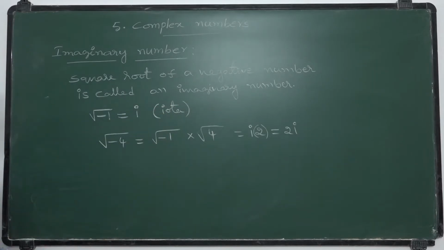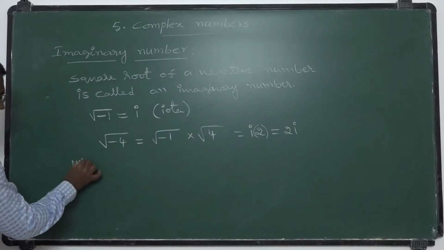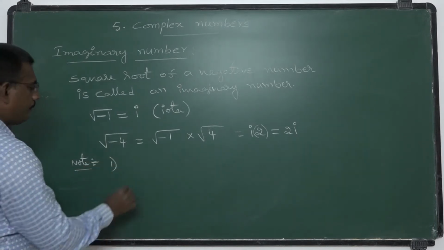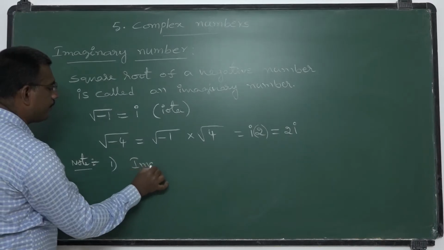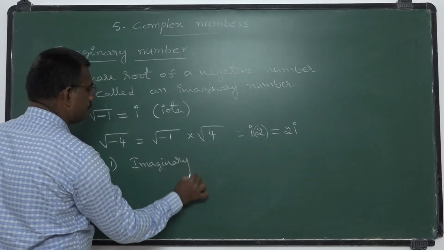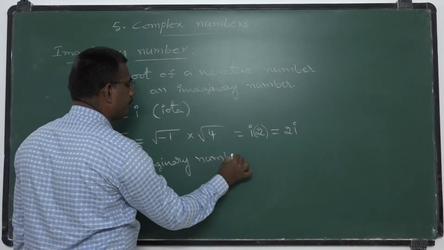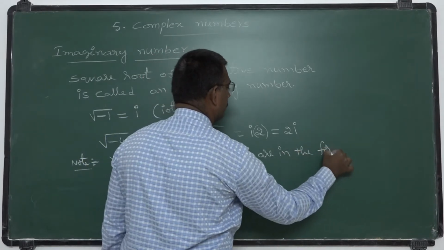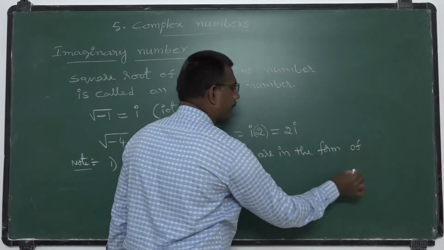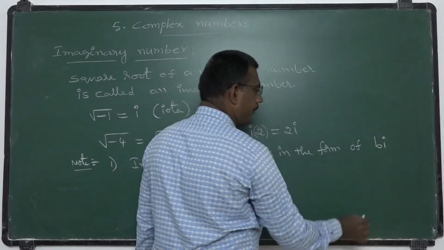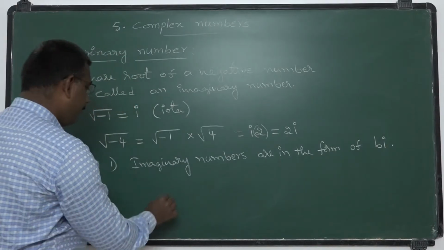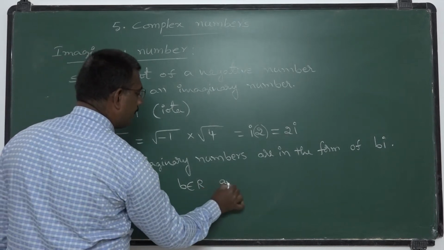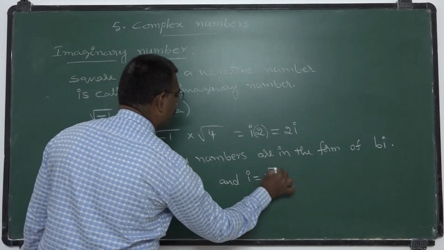Okay, note. First point, imaginary numbers are in the form of bi, where b belongs to R and i is equal to root of minus 1.